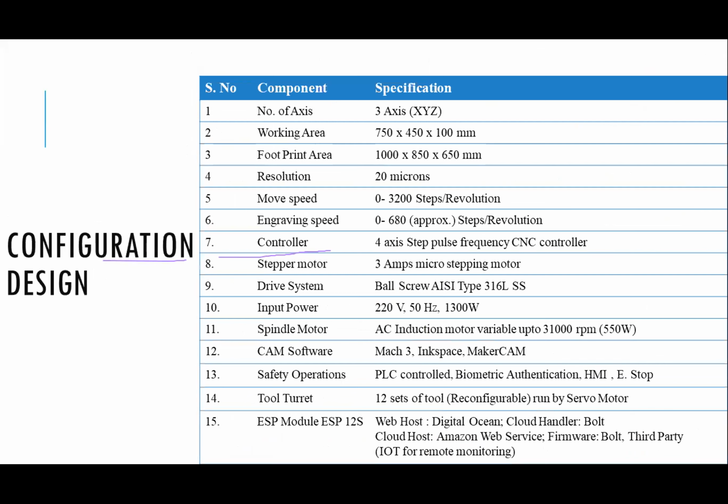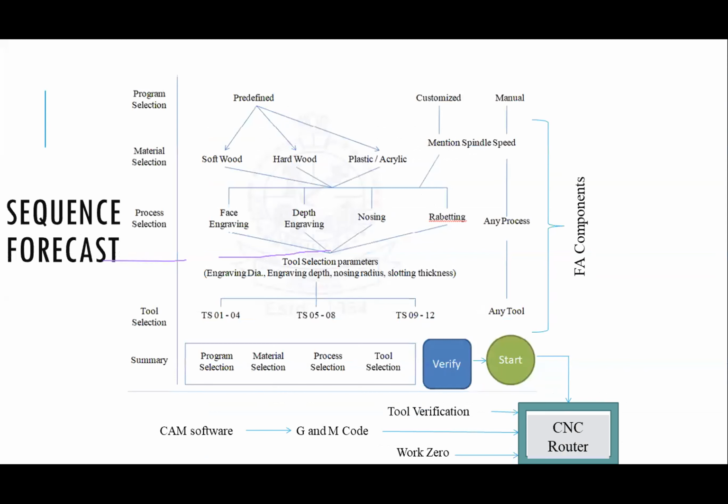So we started with the actual requirements as a product, and how the sequence is to be forecast. From the ideation phase, before prototyping, we have made all the design phases. We have taken the possible solutions into account, and right now we have made it techno-economically.